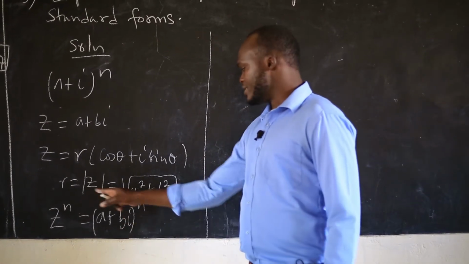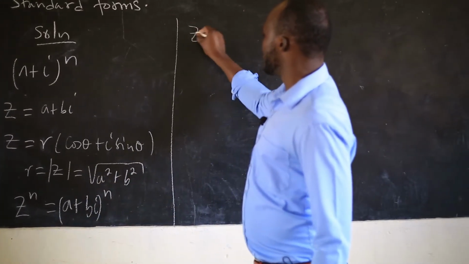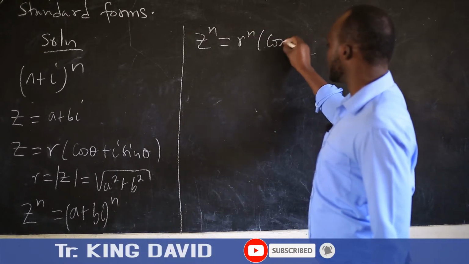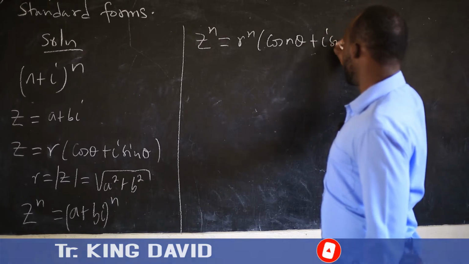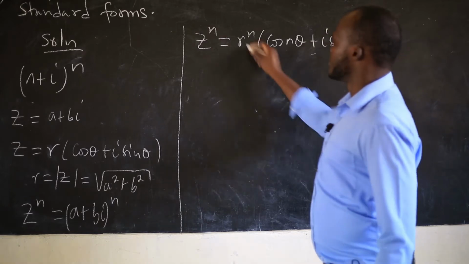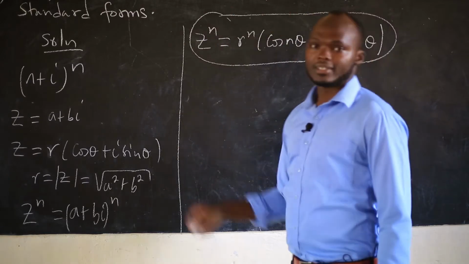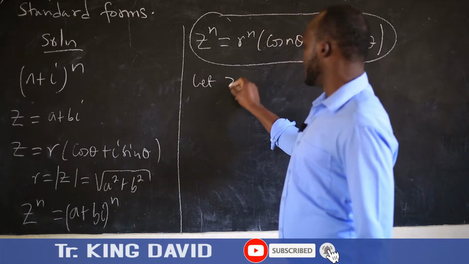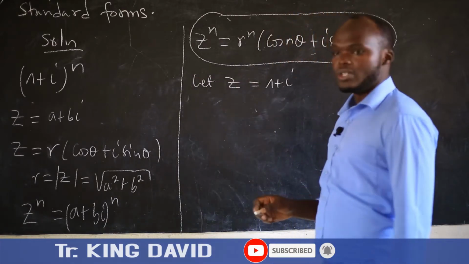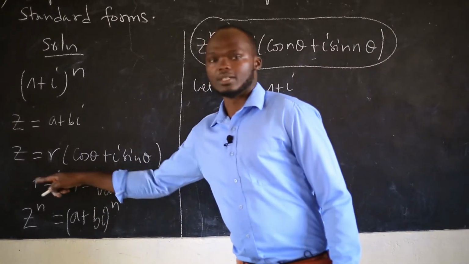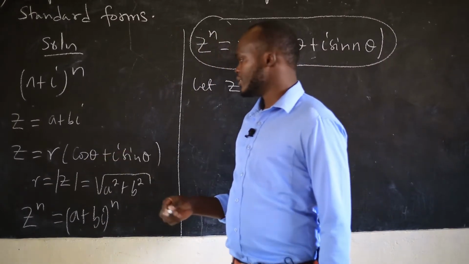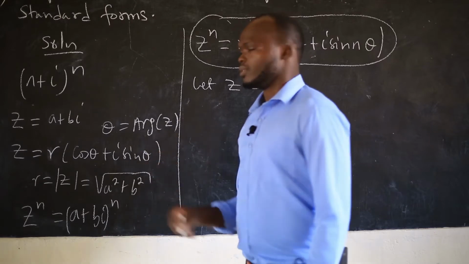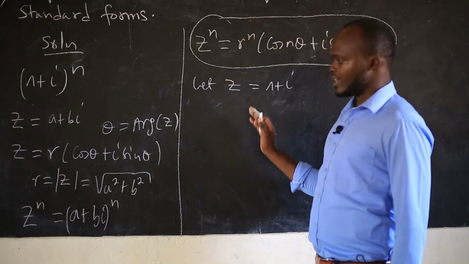Because we have converted z into polar form, by using De Moivre's theorem it becomes r^n (cos nθ + i sin nθ). So let z be 1 + i. What do we need? We need r, which is the modulus, and the argument, because this angle θ is the argument of z.